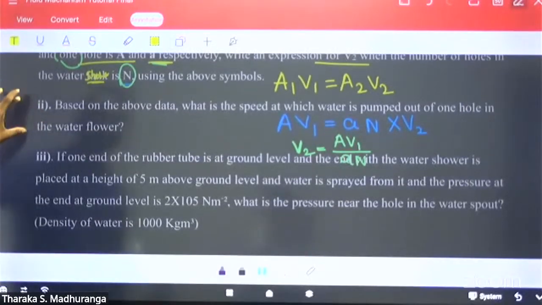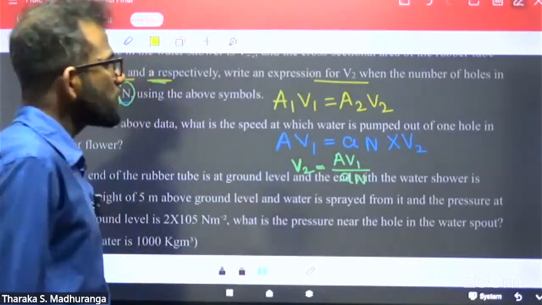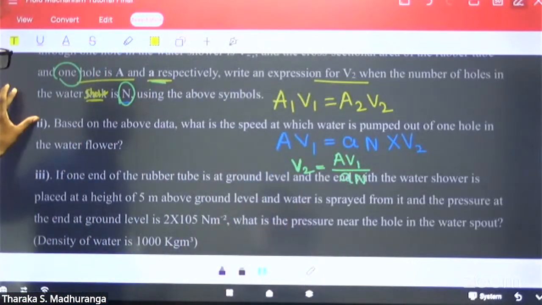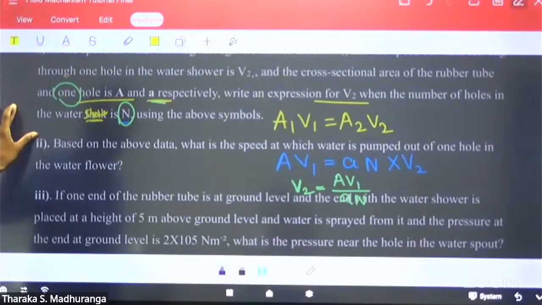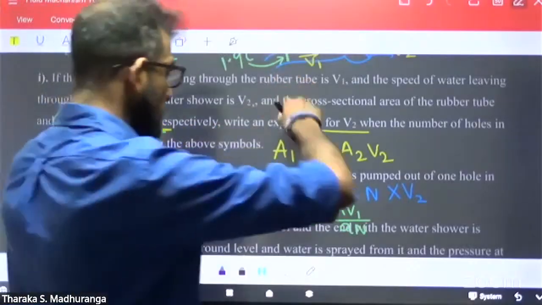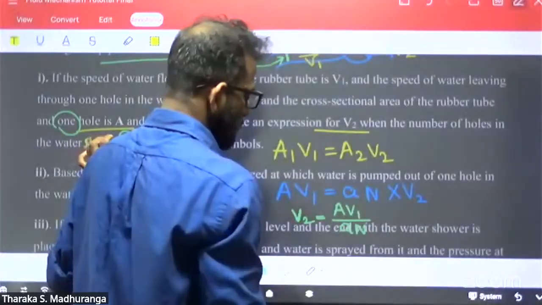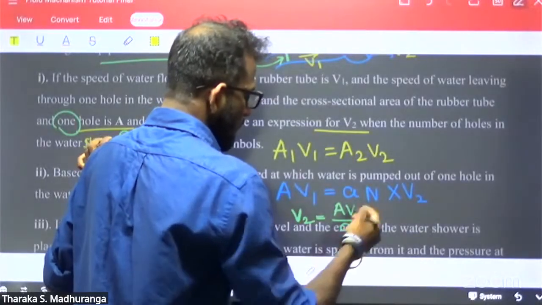Okay, second part. Based on the above data, what is the speed at which water is pumped out from the hole in the water flow? Okay, what is asked is the speed. Then V2 equals, I will take this equation to the green board.